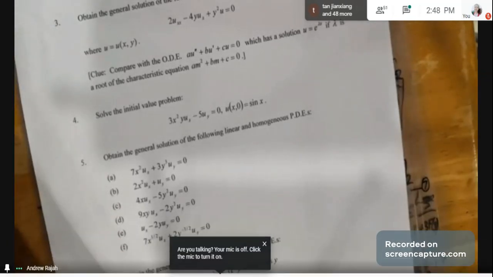Hello? Yes, I'm just confused about At plus B and Ct plus D. Let me check the solution. Question 3. You mean we're using the method of undetermined coefficients, is it?